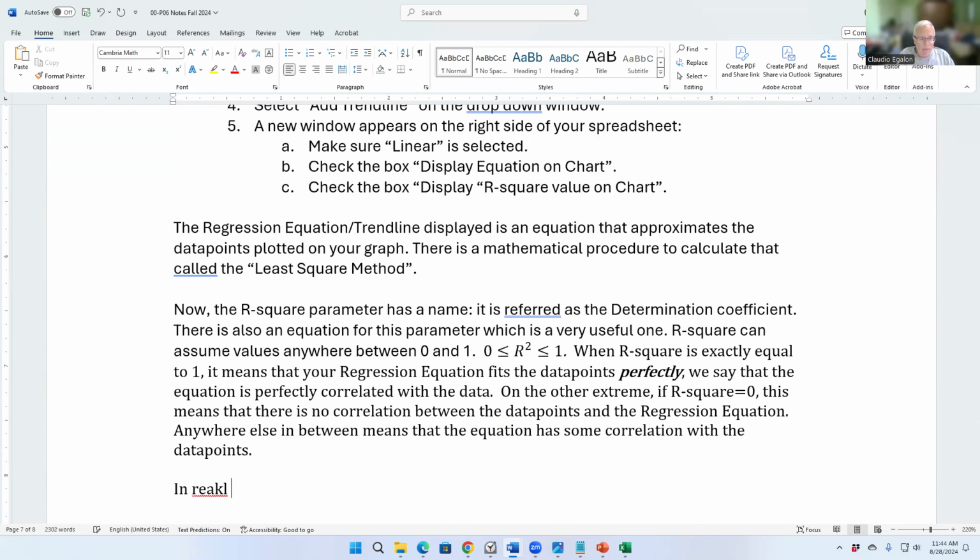In real life, very important, in real life, when you perform experiments, you will never get a plot where R square is 1.